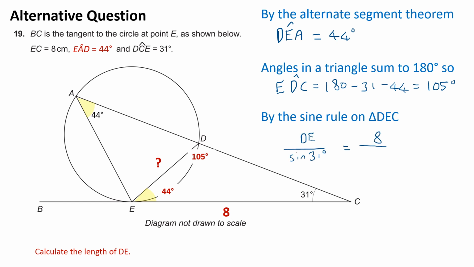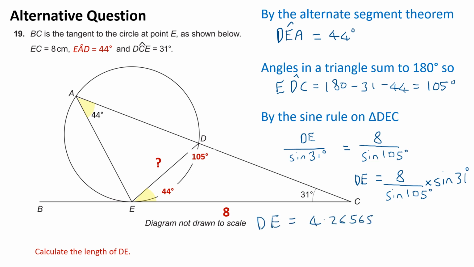We know that side length DE we're after over the angle opposite, sine 31 degrees, is side 8 over sine of 105. We can rearrange that by multiplying both sides by the sine of 31. So we just get DE on the left side, and we get this expression on the right, which we can use our calculator to evaluate.